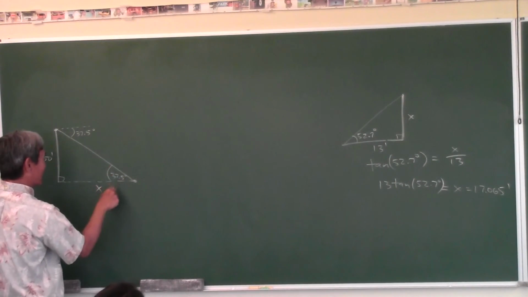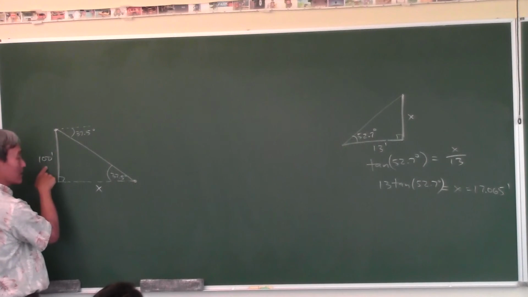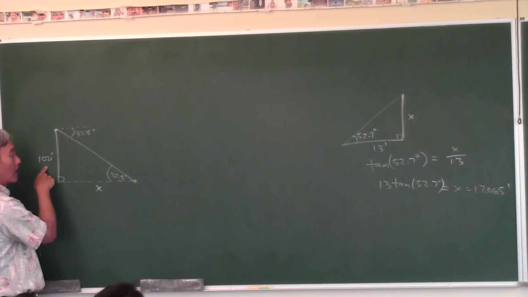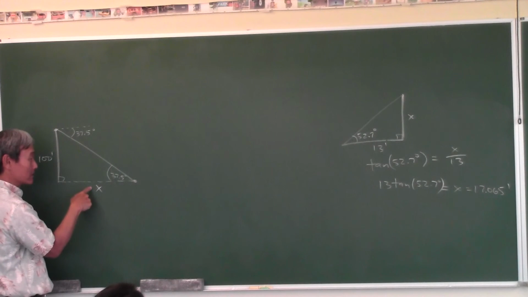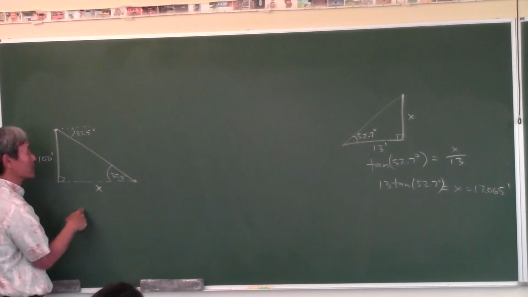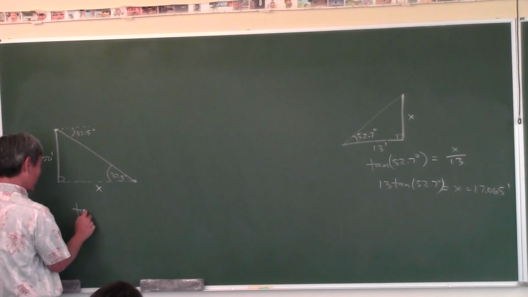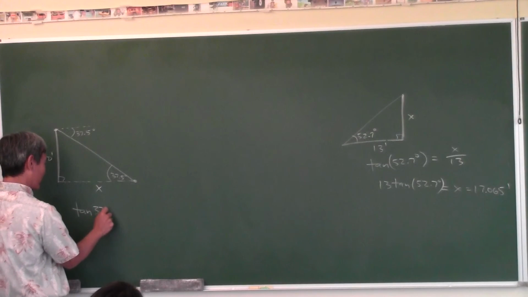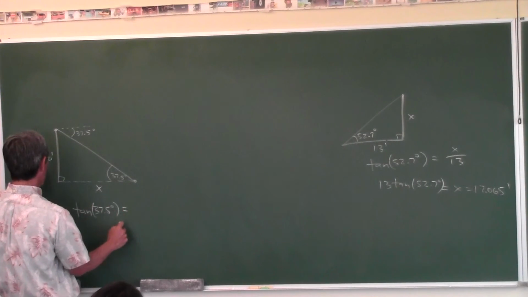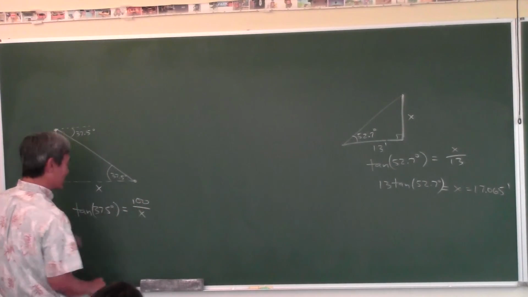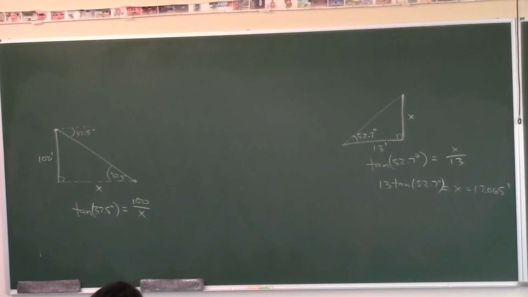So look at this triangle. I know this angle. What is this? Opposite. What is this? Adjacent. So which of the three has opposite and adjacent in it? Tangent. So the tangent of 37.5 degrees is equal to opposite over adjacent. Now, how do I solve for x?